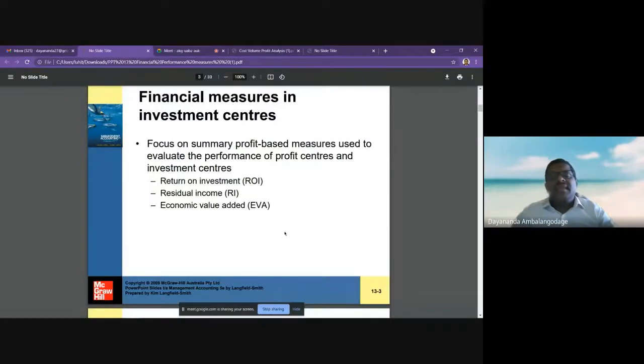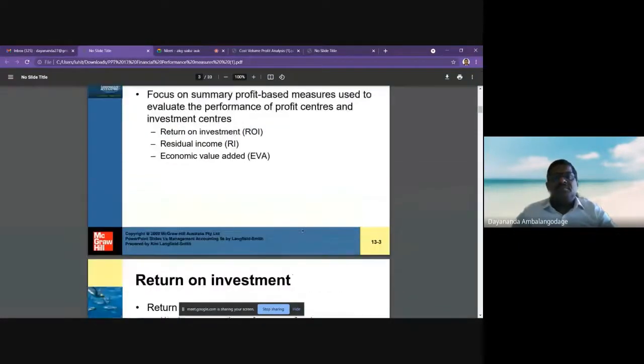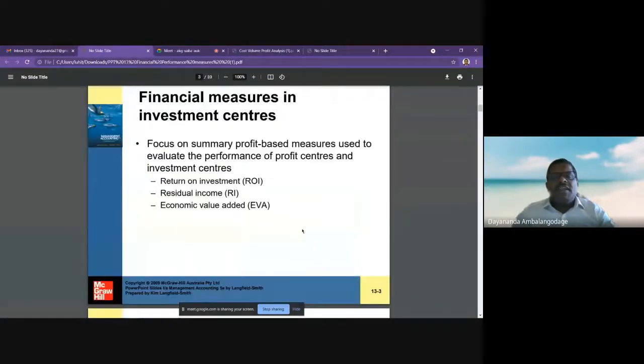So there are three types of measurements here. One is the return on investment, ROI concept. We learn ROI. The other one is residual income, RI. The third one is economic value added.